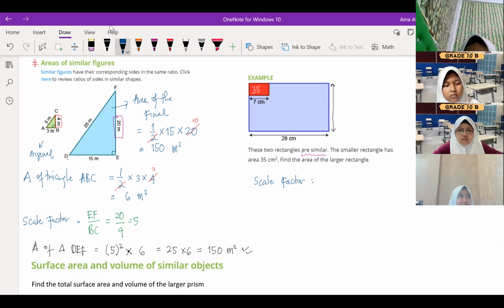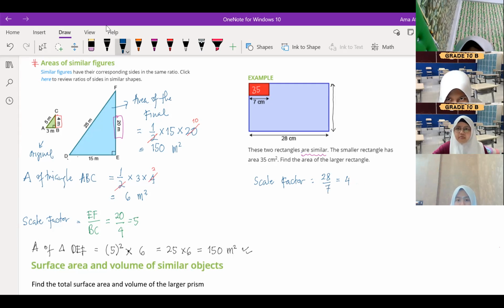How do you get 4? Because 28 centimeter over 7 centimeter equals 4. Very good, Najwa. Scale factors have no units. Thank you very much, Najwa.